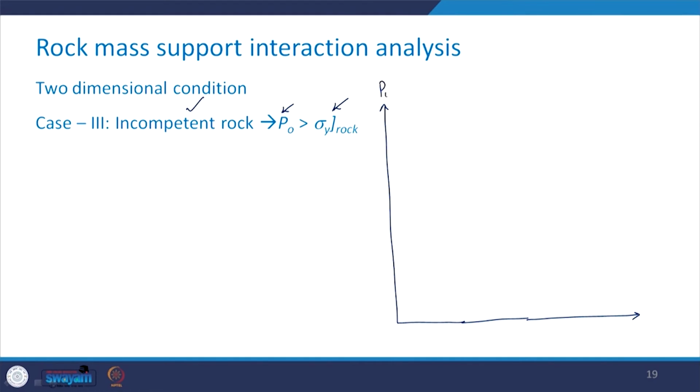Again here we have this Pi, which is the internal radial support pressure, and on this axis we have UR, and in this case we will have, say, here this point is A, and we will have some different zones here.